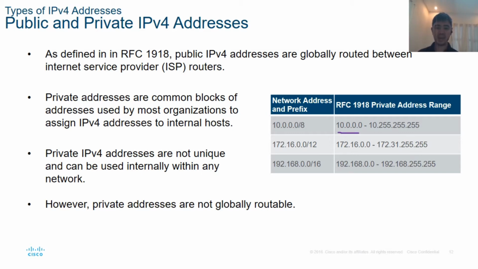That's the standard. If you were to assign an IP address to a computer locally, it should be within the range of 10.0.0.0, or 172.16 to 172.31, or 192.168.0.0 to 192.168.255.255. We call this the private address range, under RFC 1918. Those that are not in this block are tagged as public.